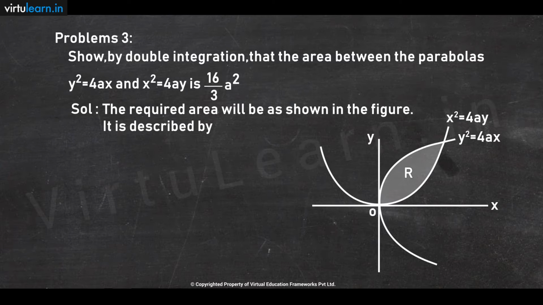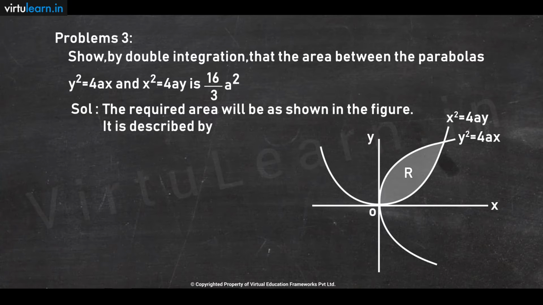We know that this portion, or the shaded portion of the figure, can be described in two ways. Let's now use one method where the region lies between two horizontal lines. One is y is equal to 0, another is y is equal to 4a, and it lies between two curves, one at the left and the other at the right, described by x is equal to y square by 4a and x is equal to 2 root ay.